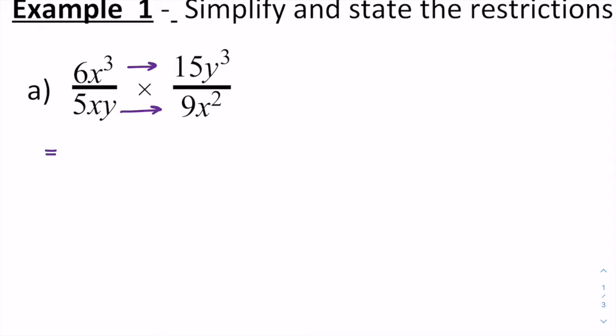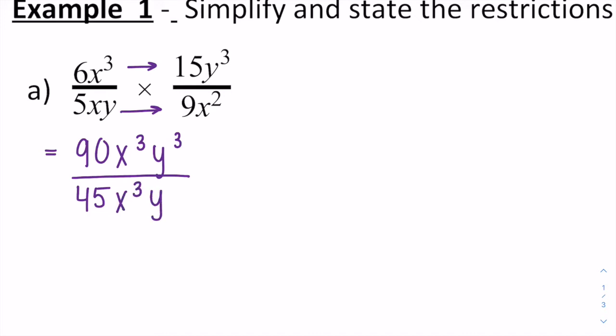So now I just start by multiplying my coefficients. 6 times 15 will give me 90. And then I have x cubed, y cubed. And then I'm going to divide by 5 times 9, which is 45. x times x squared is x cubed. And then we just have a y.